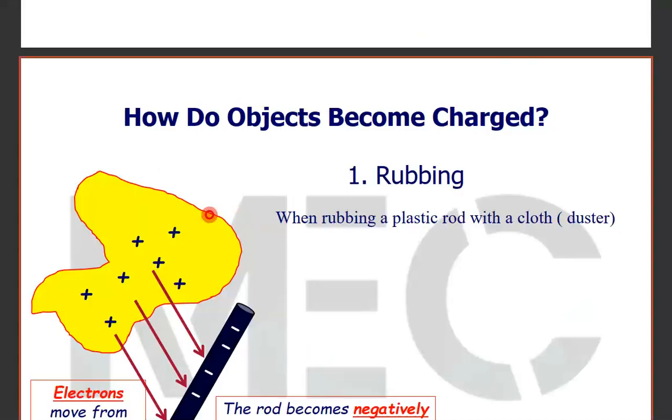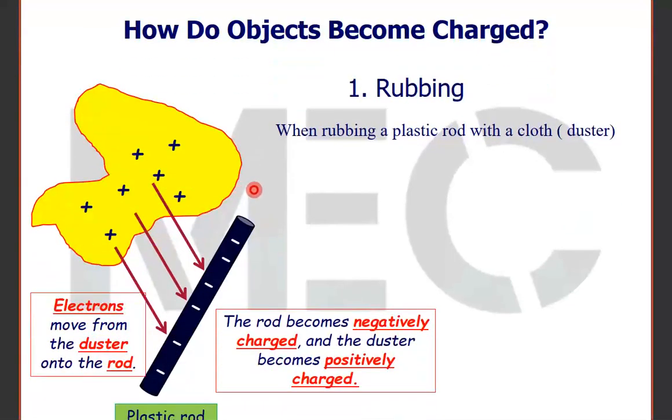Okay. How do objects become charged? One method of charging objects is through rubbing or friction. When rubbing a plastic rod with a cloth, this is a plastic rod. If we rub it with a cloth or duster, it gets negative charge. But how does it get negative charge and the duster gets positive charge?